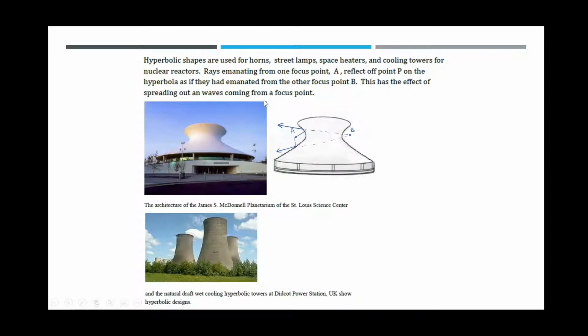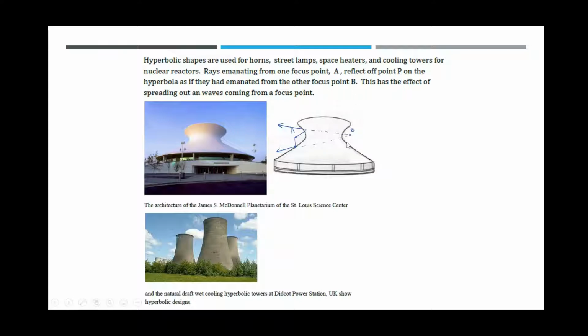So where is this used? Hyperbolic shapes are used for horns, street lamps, space heaters, and cooling towers for nuclear reactors. The rays emanating from one focus point, A, so let's say this is one of the focus points on the inside of this curvy hyperbola, reflect off of point P on the hyperbola, so there's any point P on the hyperbola, as if they had emanated from the other focus point B on the other side.